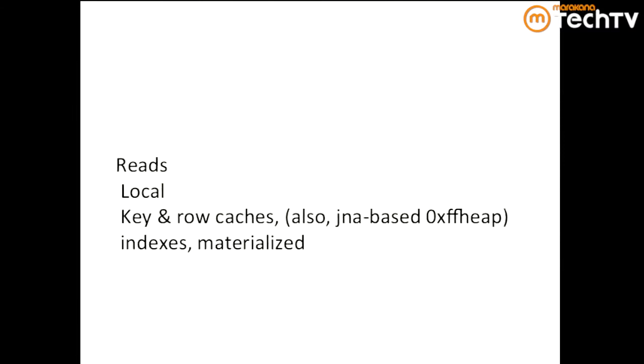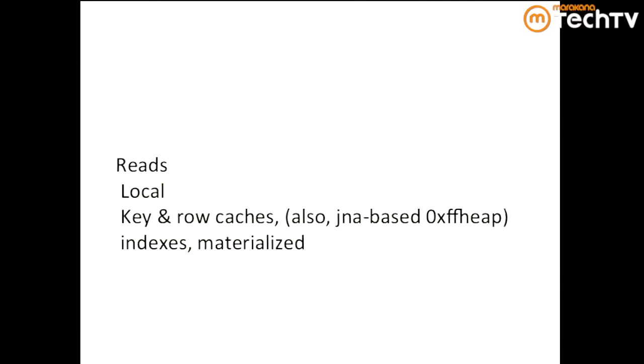So there are a bunch of caches, key and row caches, and kudos to the HBase team which implemented off-heap. We also have off-heap on Cassandra now, so you get the benefits of escaping from garbage collection and JVM problems. Off-heap, JNA-based off-heaps.